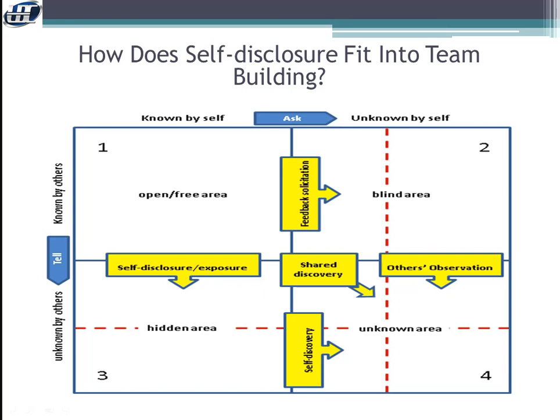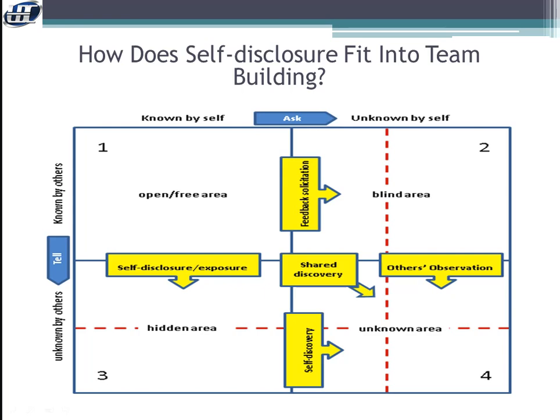But if the information is known to you and to others, this is an open area. And if you reveal or disclose information about yourself that others don't know, that means you are diminishing the hidden area, or what others don't know about yourself.